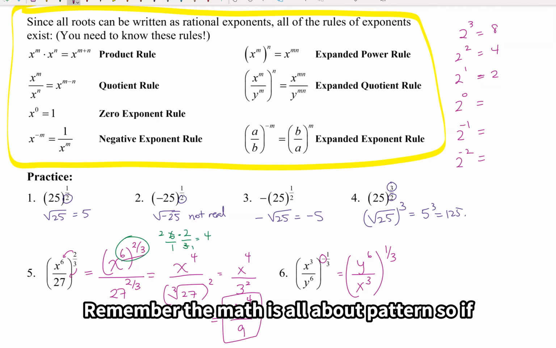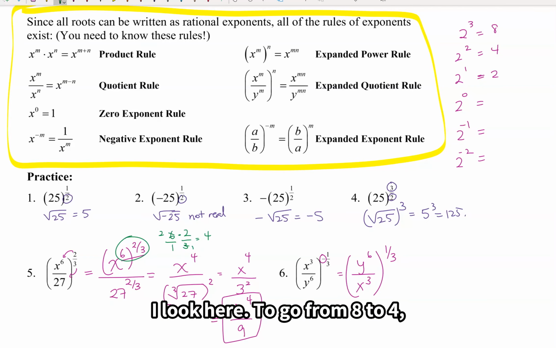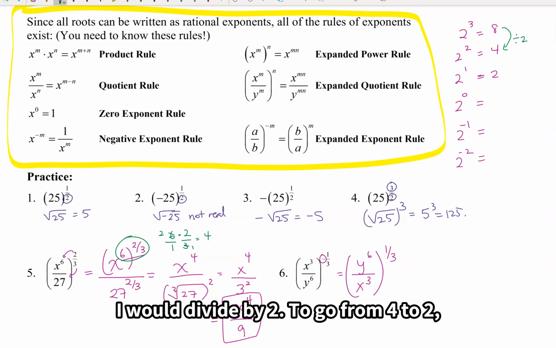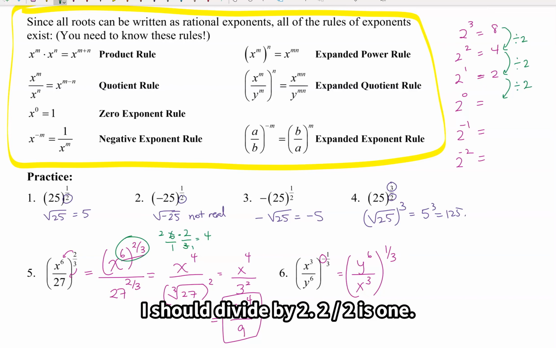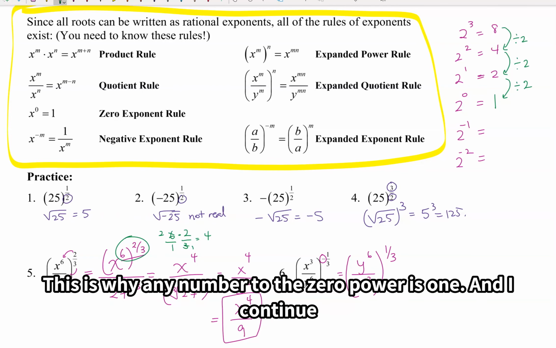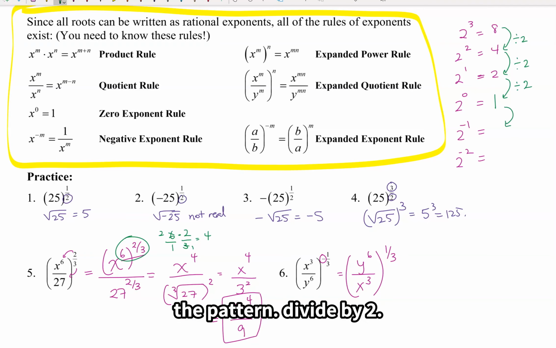Remember that math is all about patterns. So if I look here, to go from 8 to 4, I would divide by 2. To go from 4 to 2, I would divide by 2. To go from 2 to whatever should sit there, if I'm following the same pattern, I should divide by 2. 2 divided by 2 is 1. This is why any number to the 0 power is 1. And I continue the pattern.